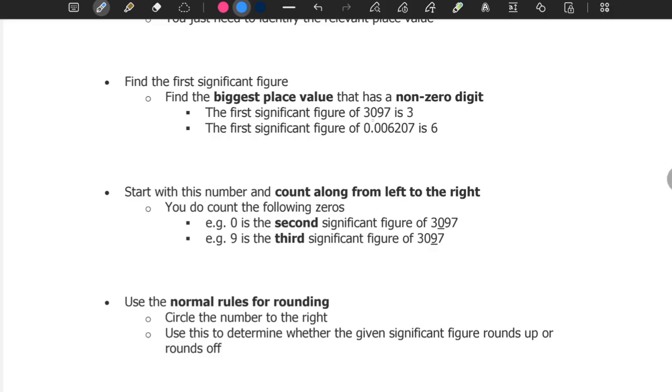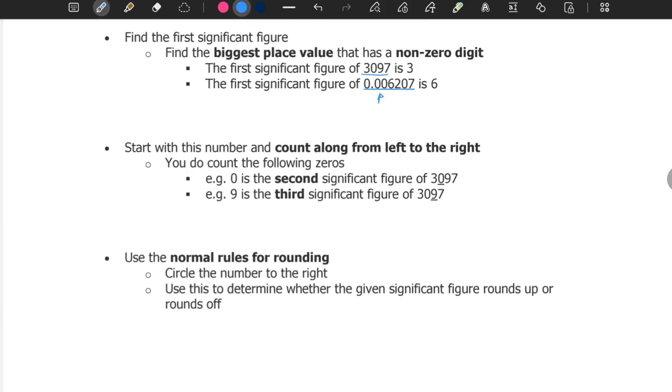The first significant figure for 3097 is 3. The first significant figure of 0.006207 is 6. So know which one is the first significant figure and which one is the first decimal place. In this case, 6 is the first significant figure, but 0 is the first decimal place. So just watch out for that.